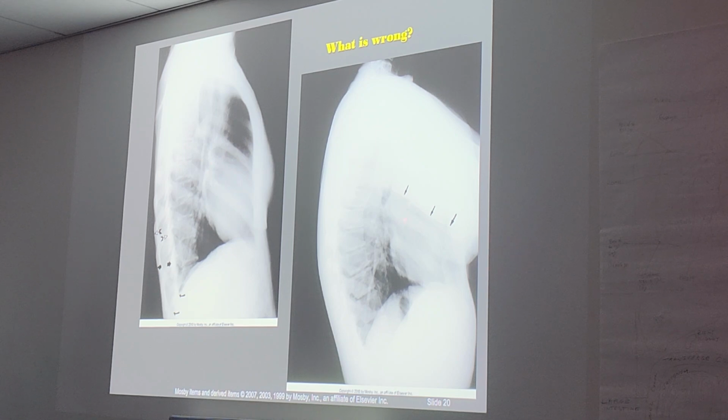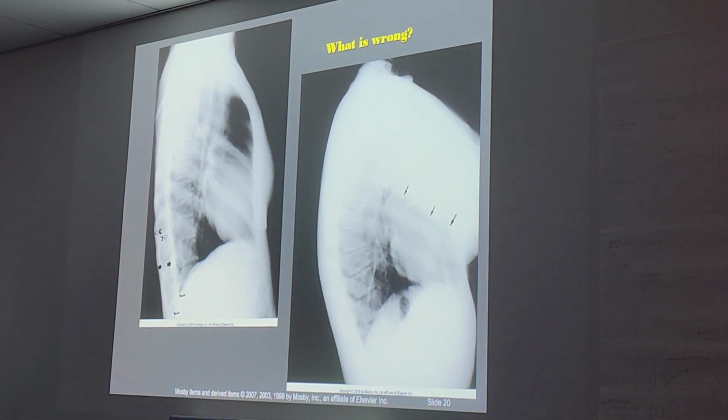And what about this image? Very underexposed. Center too low. You can see their C-spine. What about positioning? Their arms are in the picture.